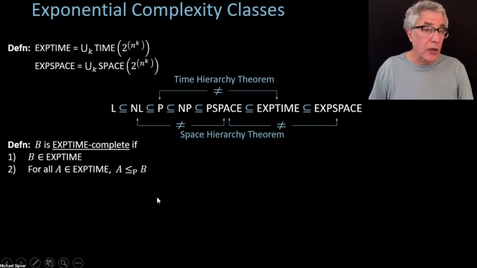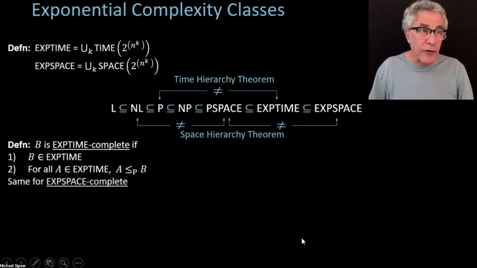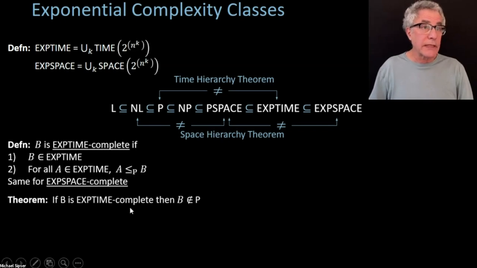It could be in log space. Some simple method of doing the reduction is going to be good enough. Let's say polynomial time. It's a typical definition here. And the same thing for exponential space complete. We'll say it's exponential space complete if it's in exponential space, and anything else in exponential space is polynomial time reducible to it.